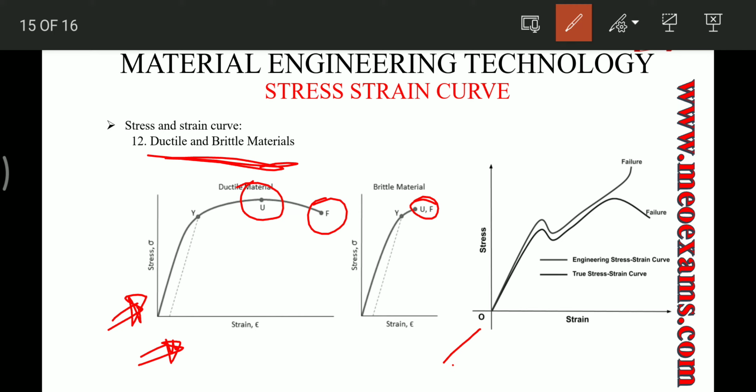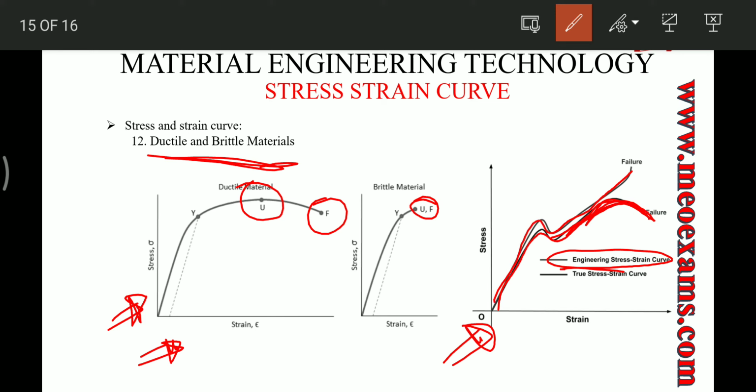Then these two curves: this is the curve for calculating the engineering stress strain, where the cross section area is taken as the initial cross section area before the application of force, whereas this curve is the actual true stress strain curve.